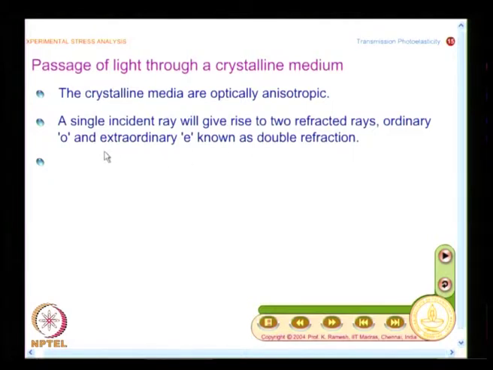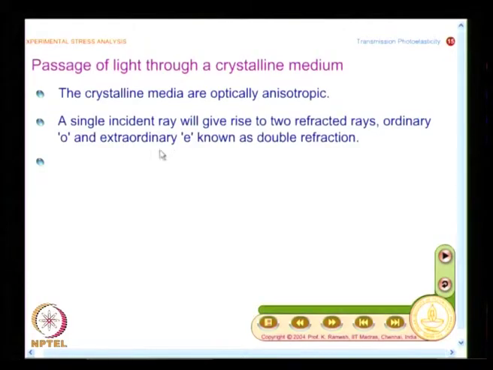Why do you label it extraordinary? Even in common life, if somebody is extraordinary, he should have some special qualities, and sometimes you also say somebody does not follow rules, he is an extraordinary person. Here, the ordinary ray faithfully follows Snell's law, and under suitable conditions the extraordinary ray violates Snell's law.